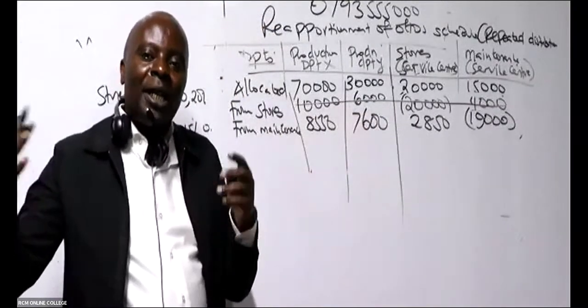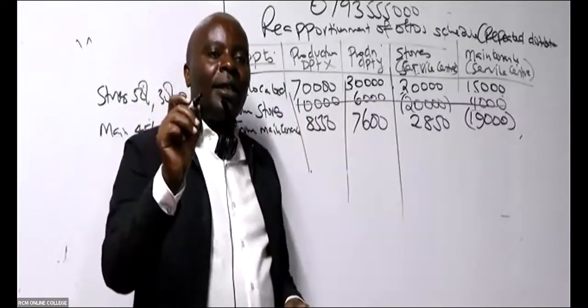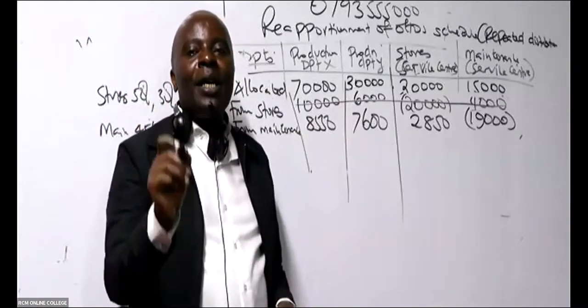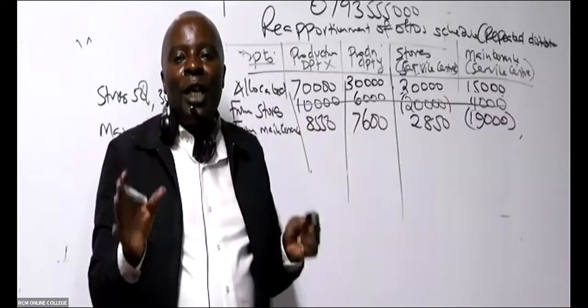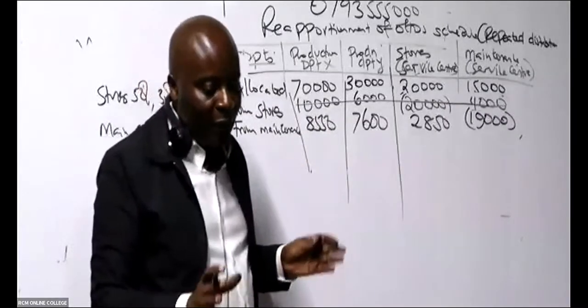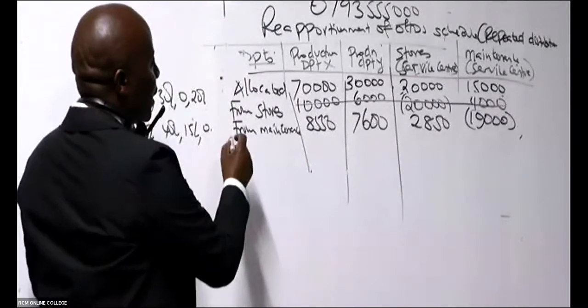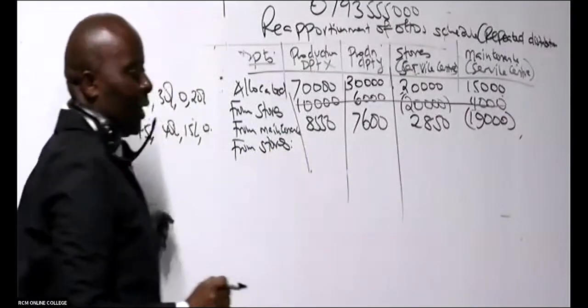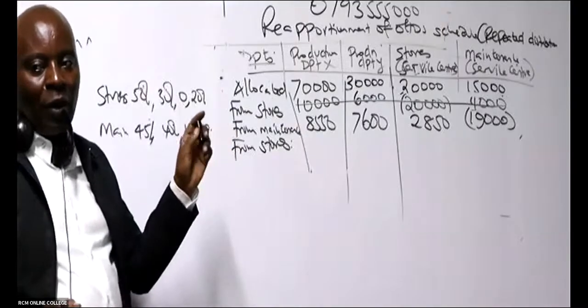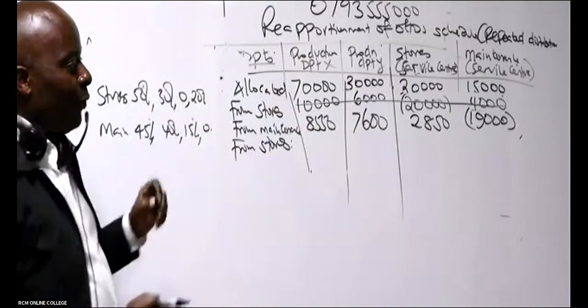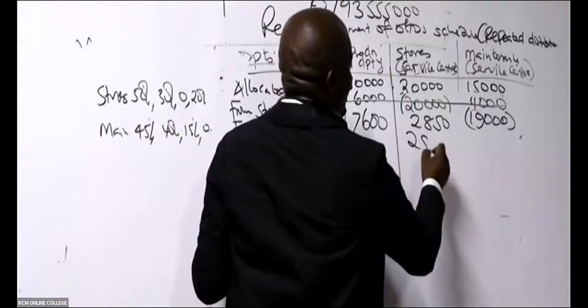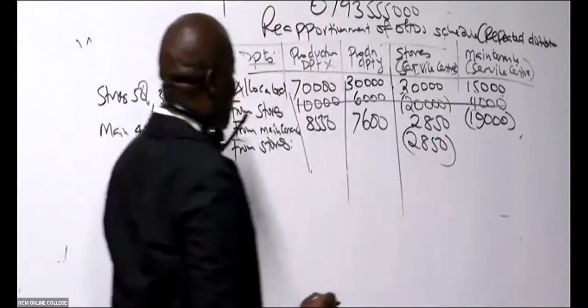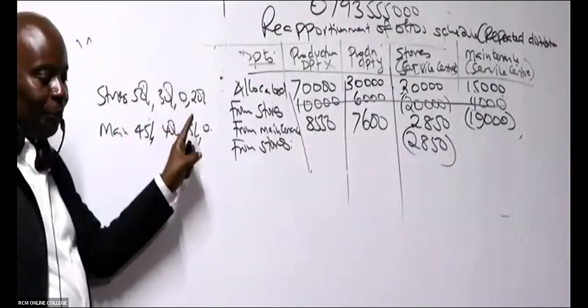You keep on repeating like that until you start realizing the service overheads have become negligible. So then I'll come and say from where, somebody? From stores, isn't it? How much are you seeing now we have in our stores department? 2850. That is what we shall be able to remove, ladies and gentlemen, using these percentages of stores.